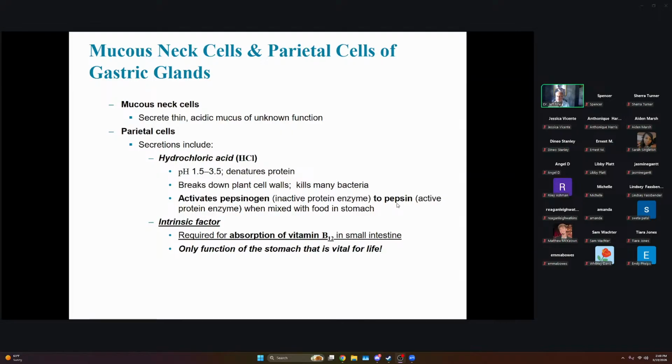So remember I said, the initiation, the first efforts of chemical digestion of proteins, reducing them down to their monomers, which we know are amino acids, is because of the enzyme pepsin. But pepsin comes from pepsinogen only after connecting with hydrochloric acid. Okay, so a really important function.